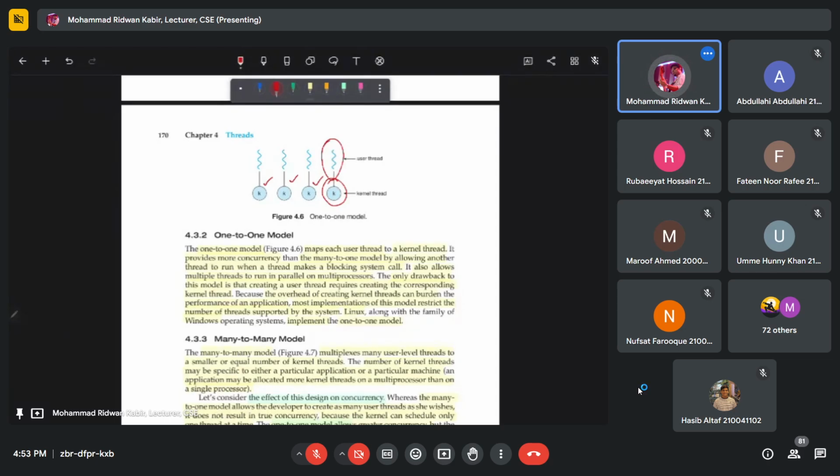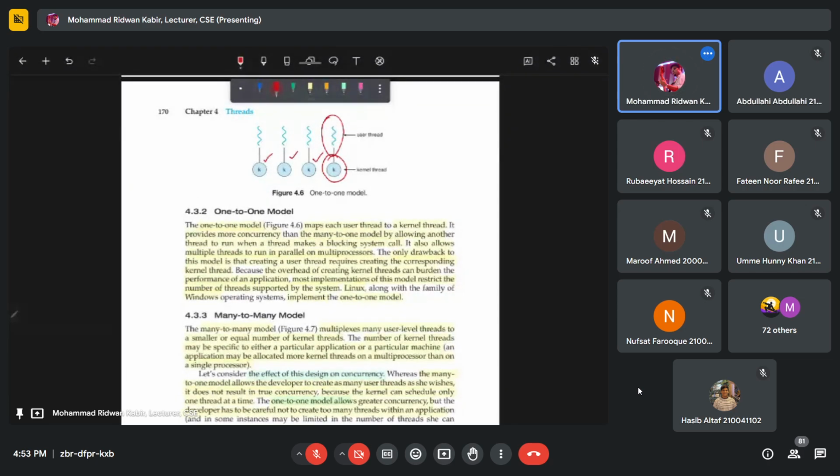So that is why, even though the one-to-one model exists, in a very bulk execution of any task, we try to avoid the one-to-one model.